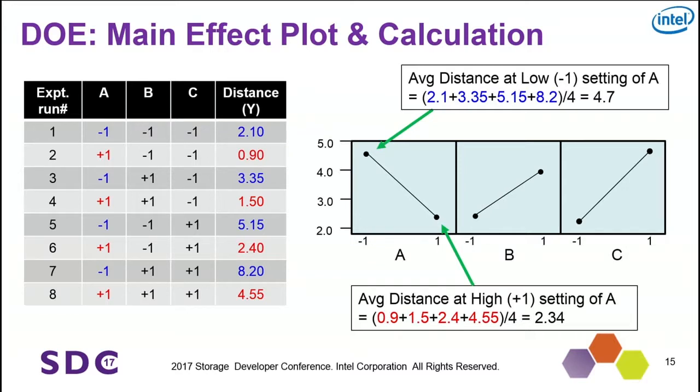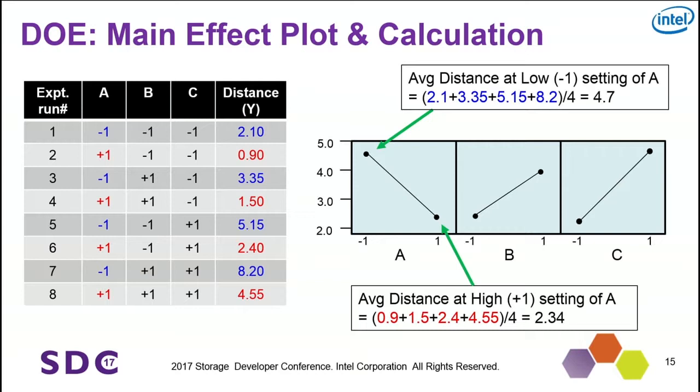So, as I mentioned, you can calculate the main effect. How we calculate it is basically taking the average of the output. That is the main effect plot at the bottom here. Let's concentrate on factor A, minimum -1 and +1. That is the range you're interested in.